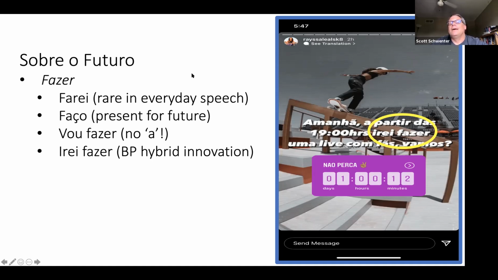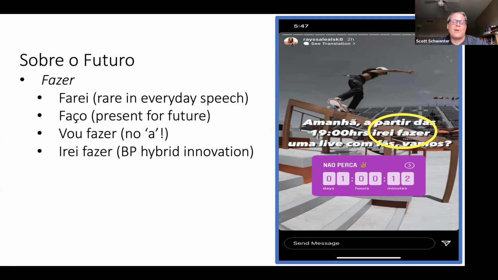So the future in Portuguese is pretty much like Spanish. And if you're from Latin America, you probably don't use what we call the synthetic future, like haré, in speech very much. You might use it in writing, but in general in Latin America, that form is going by the wayside, at least for future meaning.